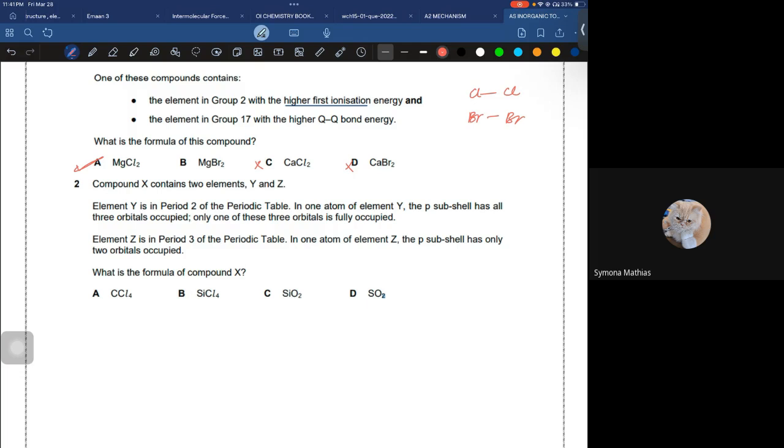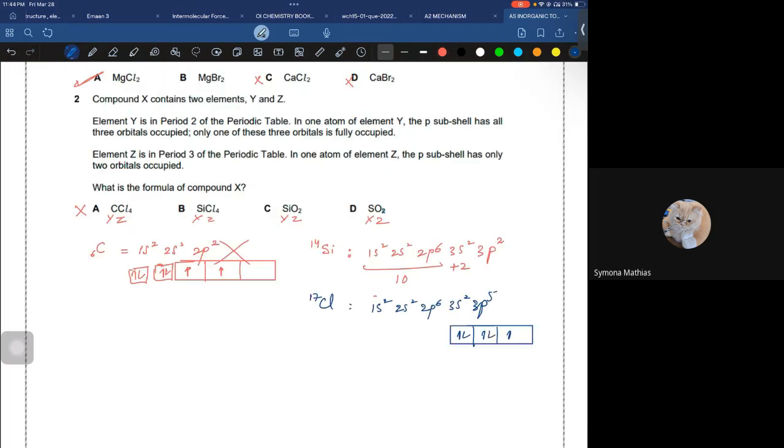Okay, let's check A. Carbon is in period 2. Element Y is in period 2. Only one of these orbitals is fully occupied.